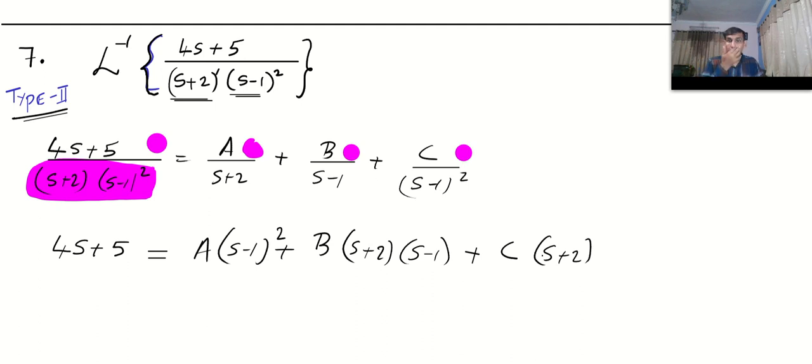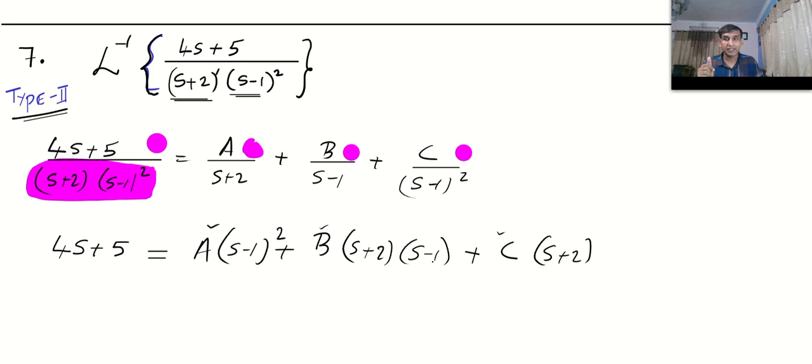I hope you are working along with me, because unless and until you work it out, you will not be perfect with the method. Now look at this. You can choose any number for s and solve for a, b and c. But still choose the best.